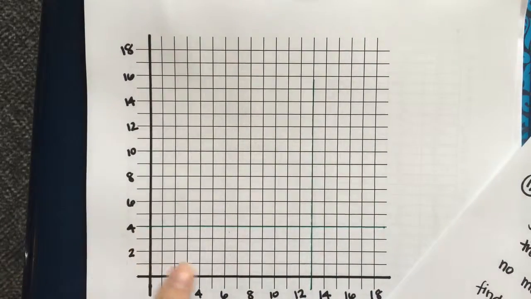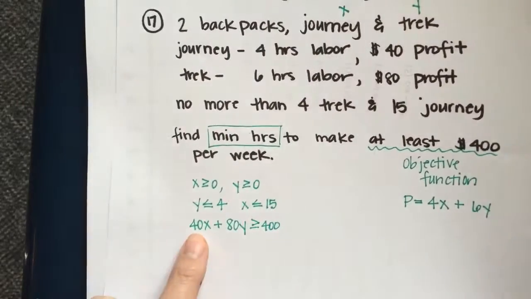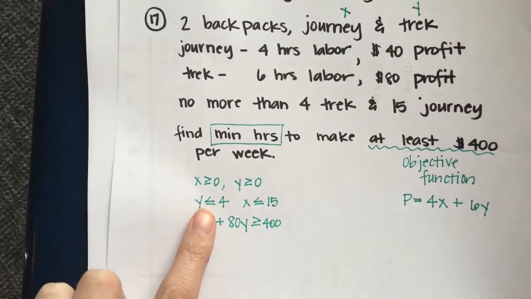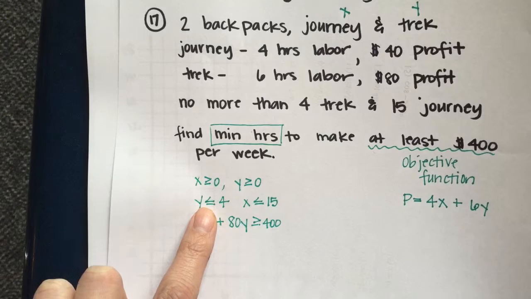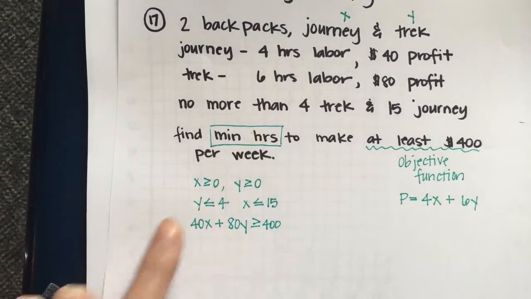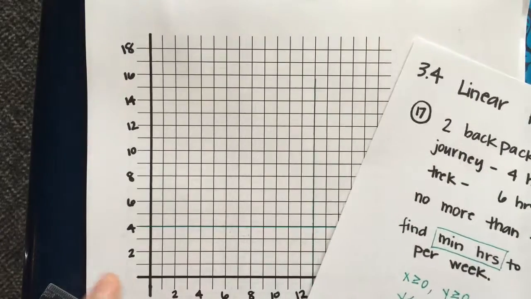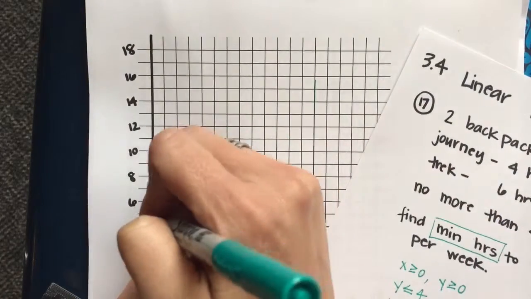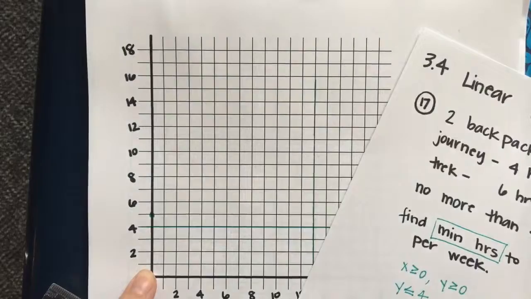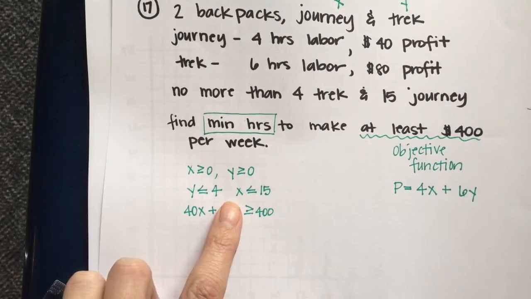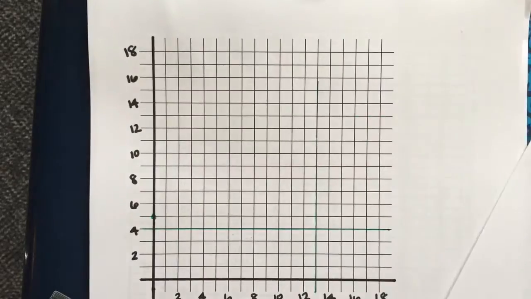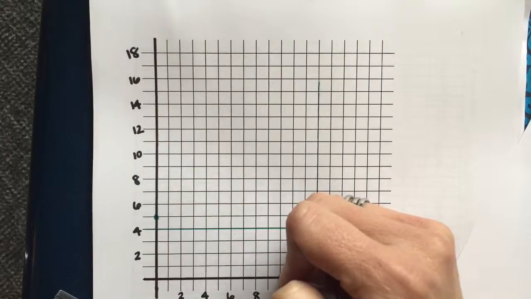So now I'm inside this rectangle somewhere. This last one I'm going to graph using intercepts. If I put 0 in for X and divide by 80, the y-intercept is 5. And if I put 0 in for Y to solve for X, the x-intercept is 10.